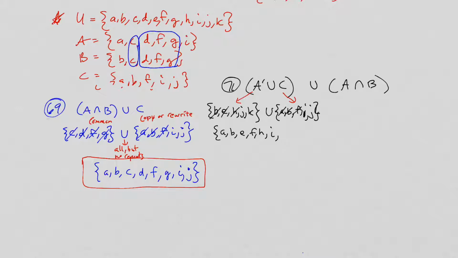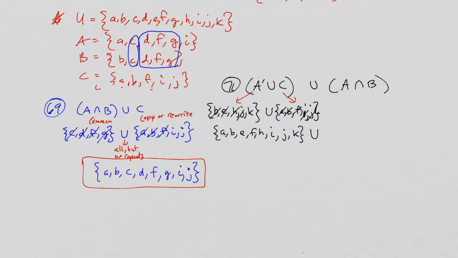How about a J? Yep, on the right side. Actually, both have J, and then K is on the left side. All right. So you have A, B, E, F, H, I, J, and K. So the union, so that's all the left side.